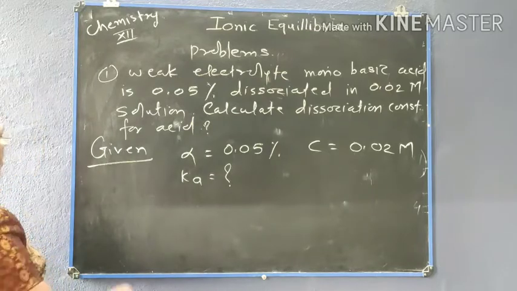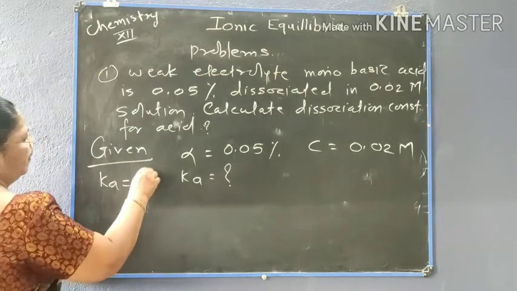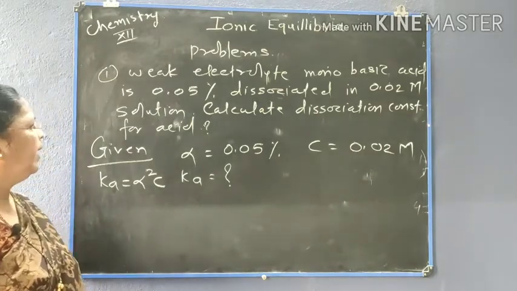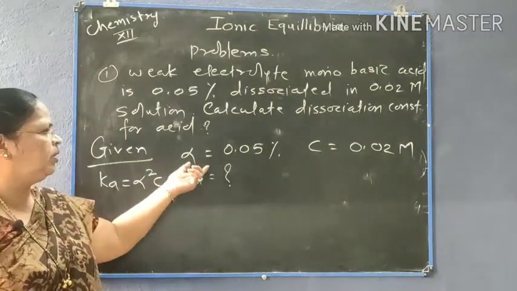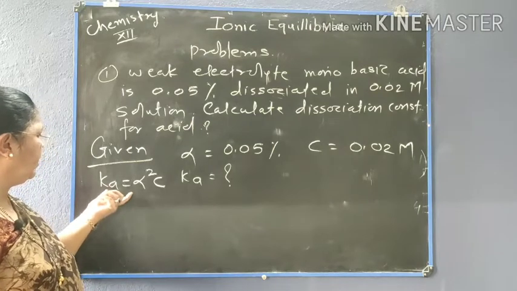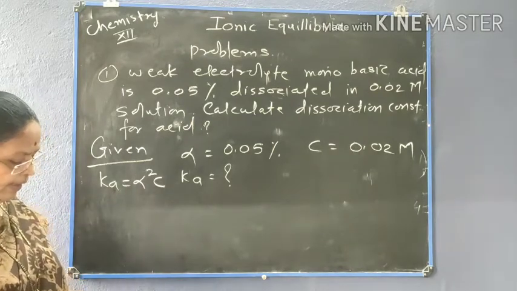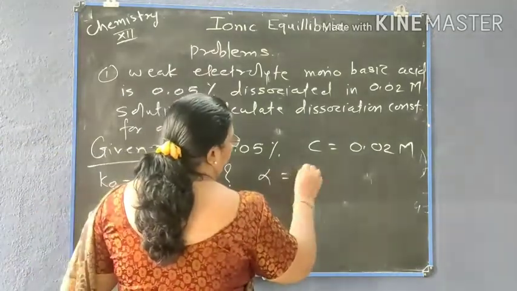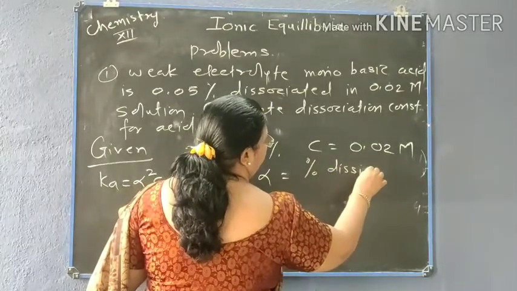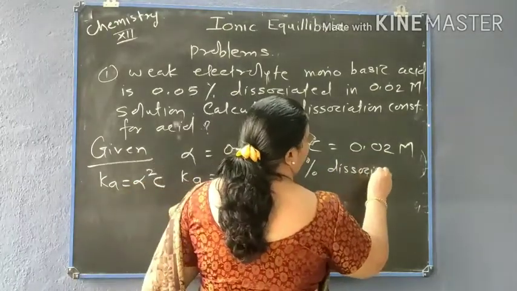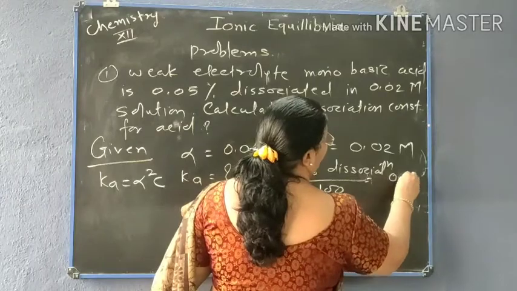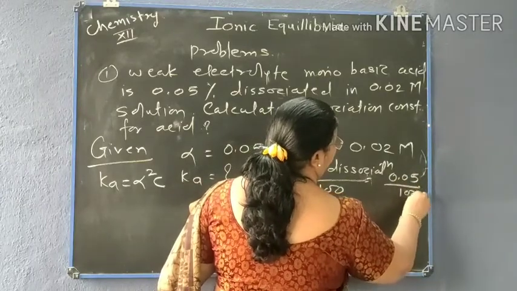So what is the formula? Ka is equal to alpha square C. Once again, alpha is the degree of dissociation and C is the concentration. Here alpha is considered as percent dissociation divided by 100, so 0.05 divided by 100.